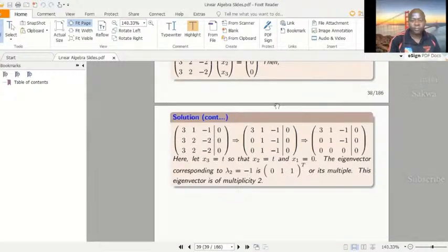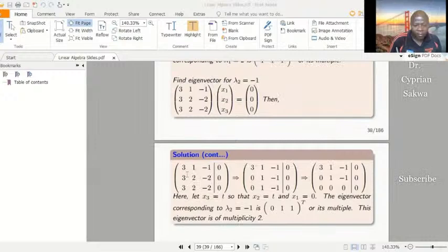So that's what I did. When you use Gaussian elimination this way, you end at this point. You notice that x3 is a free variable, but the leading variables are x1 and x2. So then you would say that x3 is t.